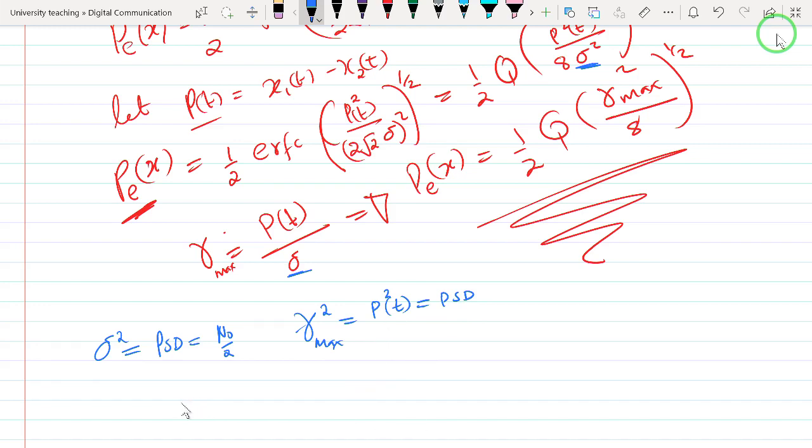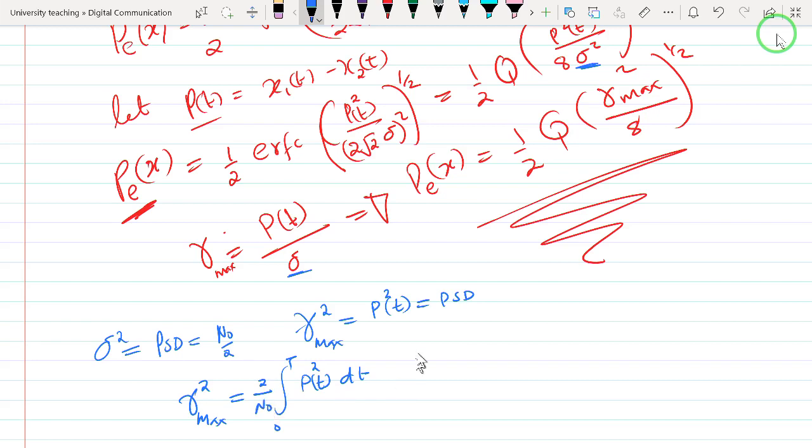So we say that gamma max can be represented as the integral over one period of p squared dt divided by this sigma squared. But since this is a constant, we can put it outside, and it becomes 2 over N0.